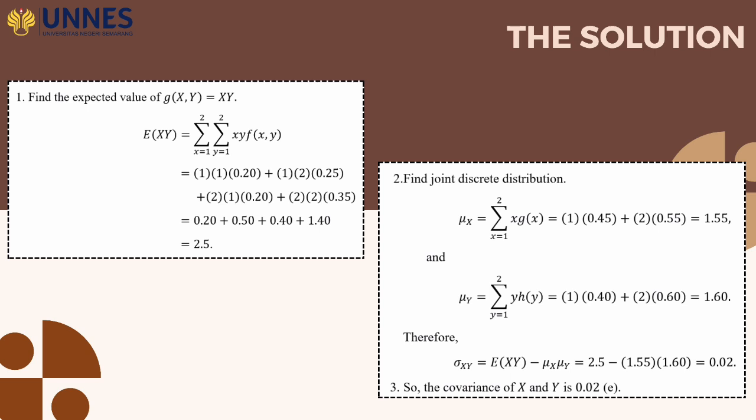Therefore, sigma xy equal E[XY] minus mu x times mu y. So here we have the expected value before, which is 2.5, minus mu x times mu y. Mu x is 1.55 times 1.60, and here we have 0.02. So the covariance of X and Y is 0.02.